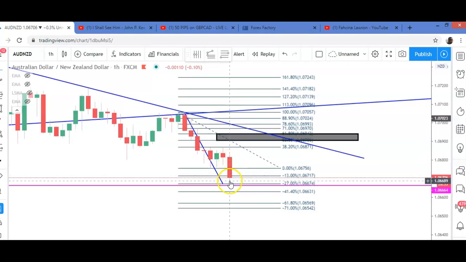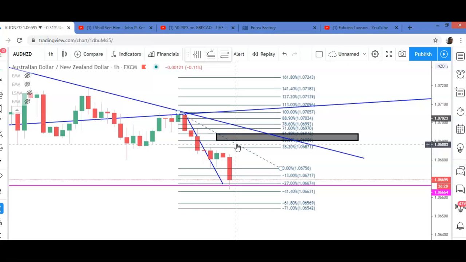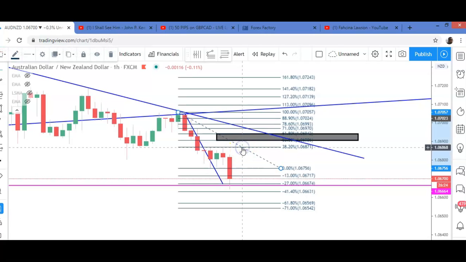This was probably a 15 pip drop from where I originally entered, and my stop loss is at 20 pips, so my trade is still active. I believe this was just a strong push down to eventually trade up to the zone that we marked off and maybe even go beyond that.